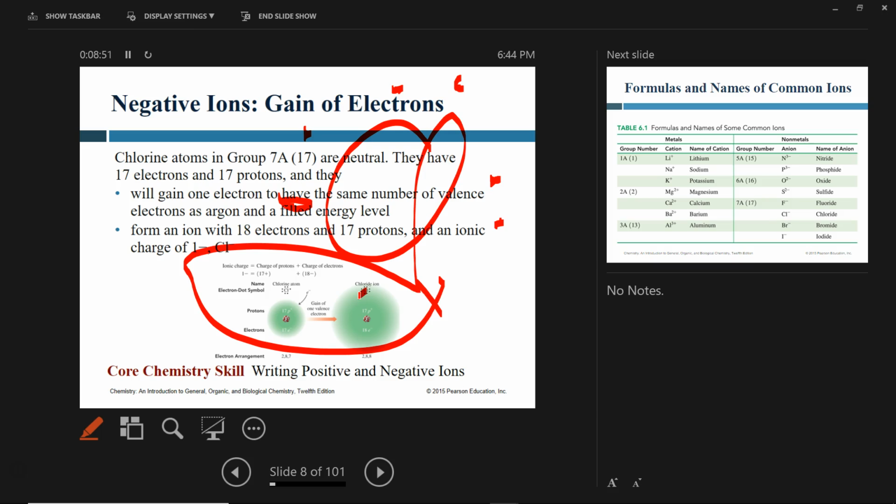It gains 1 more, gets 8. That makes sense? Perfect electron configuration. Same. It has a charge of -1, but who cares? Is that clear?